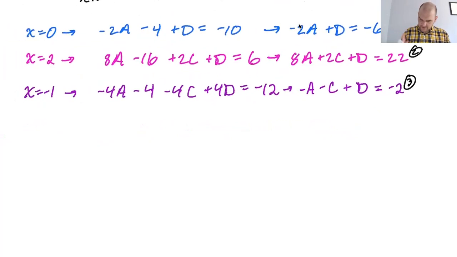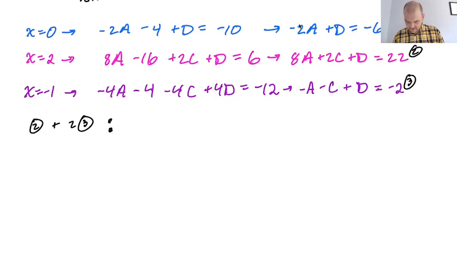My plan is I'm going to do 2 plus 2 times the third one. If I do that, I'm doubling, so I get -2a, so it gives me 6a. I get -2c plus 2c, gone. I get 2d plus d, so 3d.